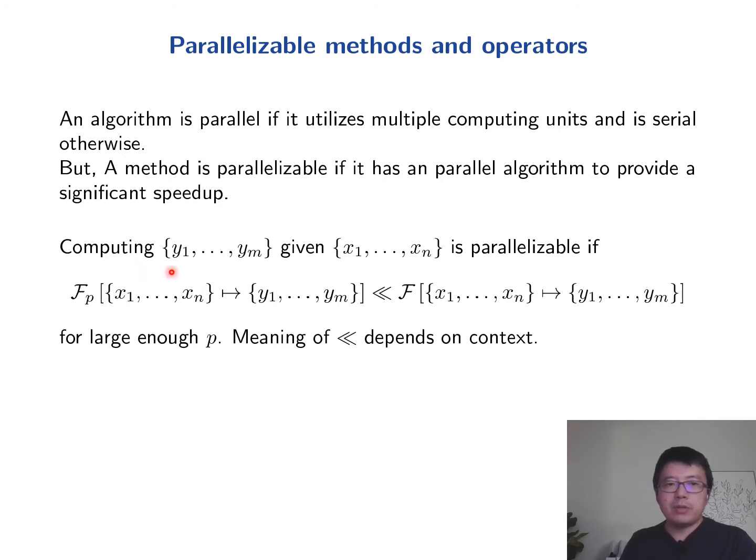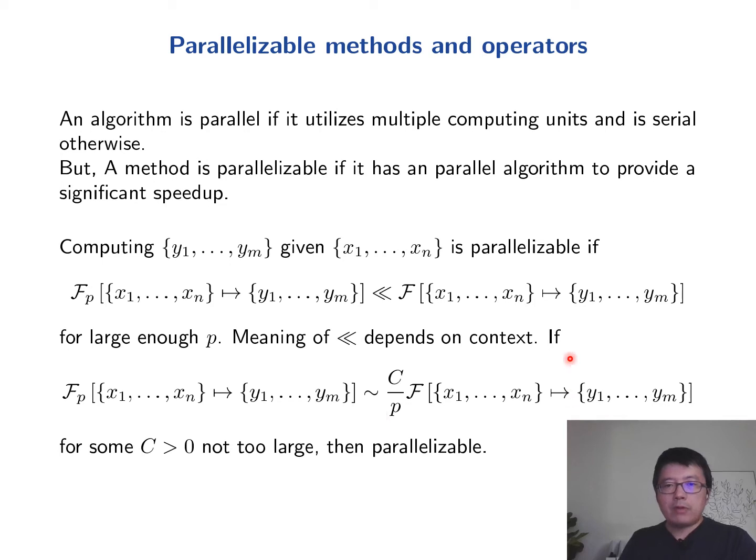We say computing the output given the input is parallelizable if the parallel steps is much less than the serial steps, for some p large enough. The meaning of much less than depends on the context. However, a sufficient condition is that the number of parallel steps is roughly equal to a small constant c times the number of serial steps divided by p.